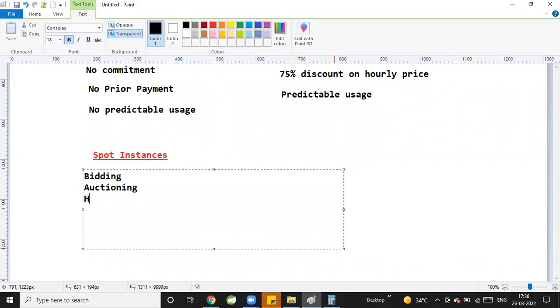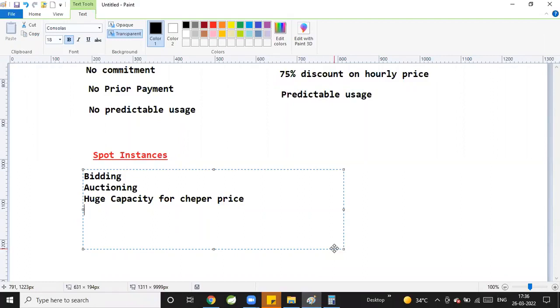Huge capacity for a cheaper price. When they conduct such kind of auctions, have you seen that Kohli's used car they are selling in the auction? Yes or no? Have you seen such kind of advertisement?